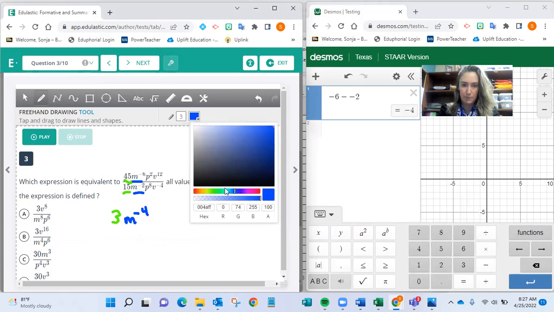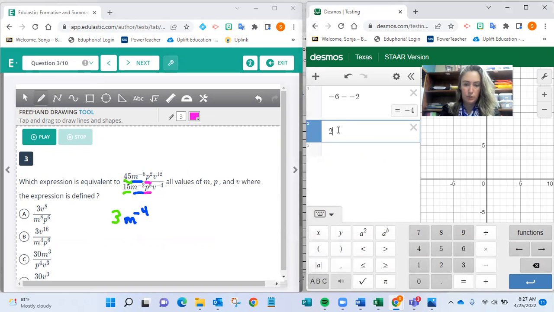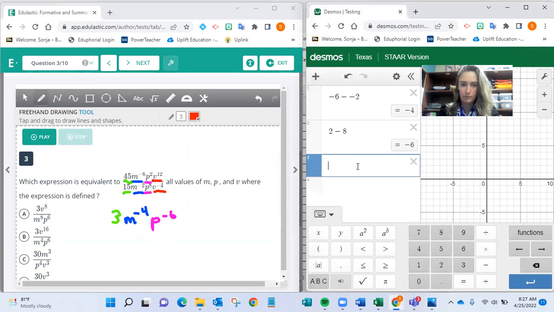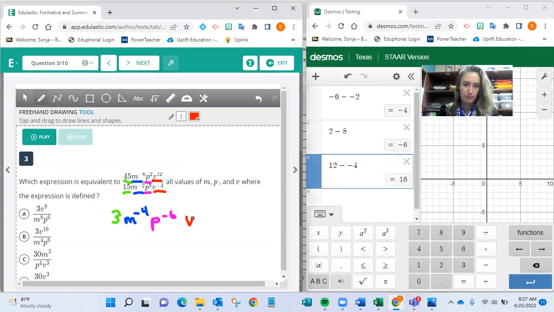Then I would take care of my p's, which is 2 and 8. So I have 2 minus 8, which is -6. And last but not least, we'll take care of the v's. And let's do red. So 12 minus -4, which is 16.